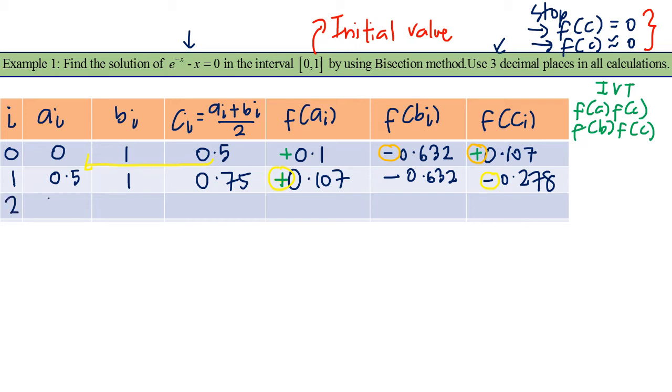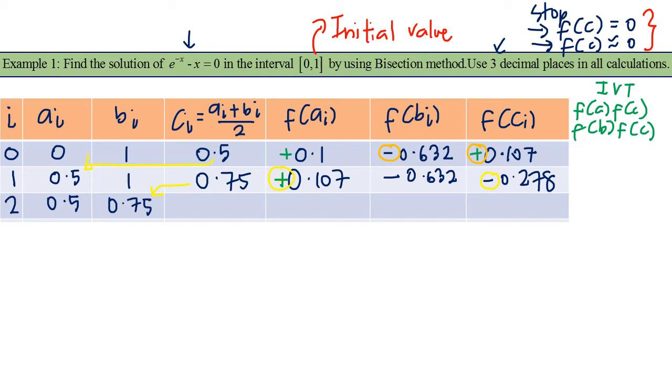FA remains, because of FA and FC. So for B, you cannot use the previous B, so you have to take the value of C to replace the value of B, which is 0.75 now. Okay, I hope this is clear for you.